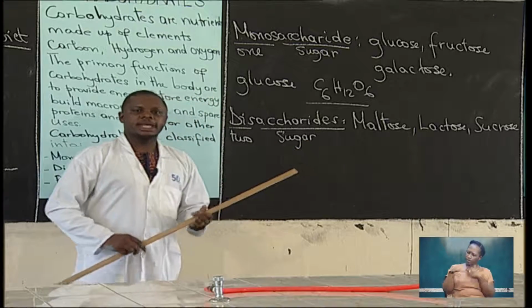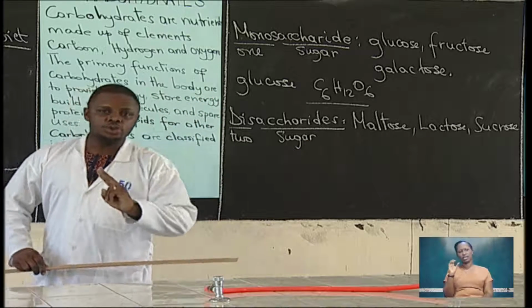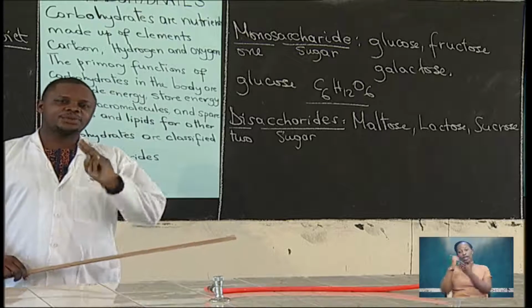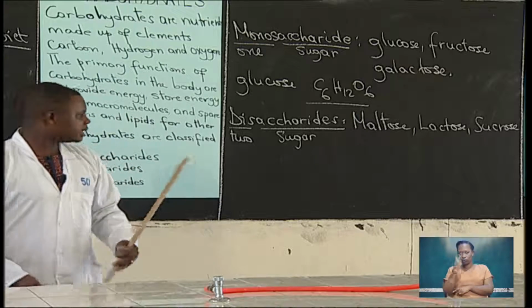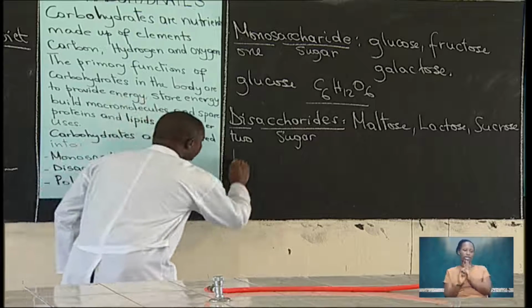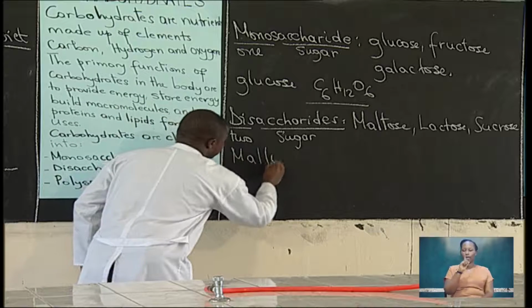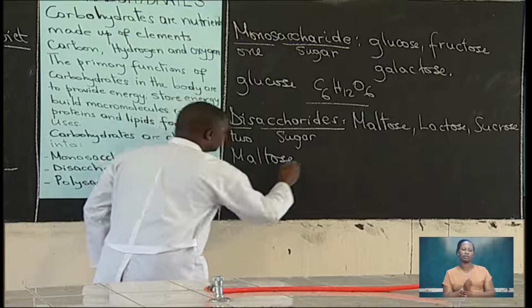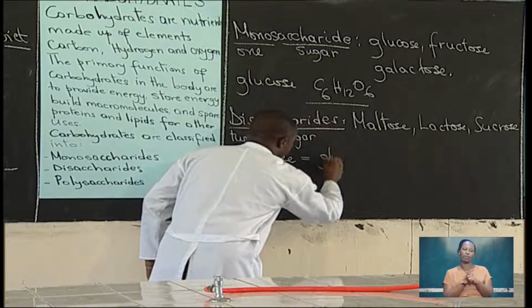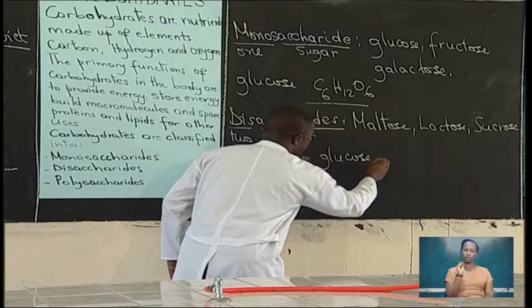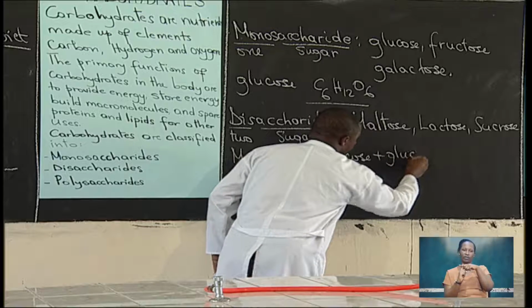It's because they are formed from two monosaccharides, from two simple sugars. Take an example. Maltose is formed from glucose plus glucose.